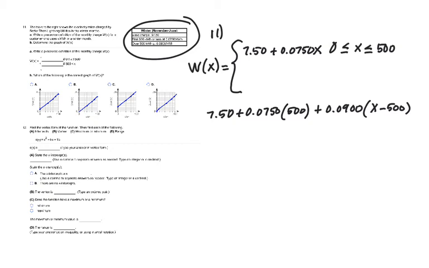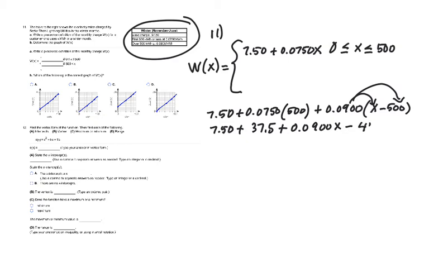Okay, and so here I just need to simplify this equation. So we have 7.50 plus 0.075 times 500 gives us 37.50. Plus we want to distribute the 0.0900. So we have that times x would be 0.0900x, and then times a negative 500, 0.0900 times negative 500.